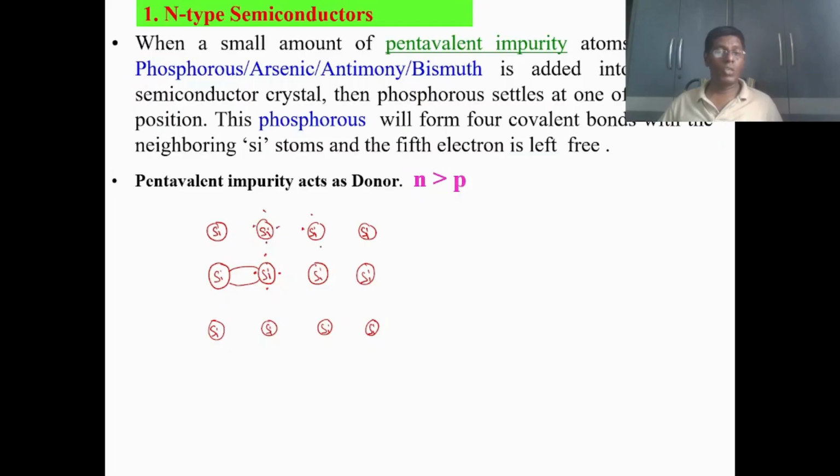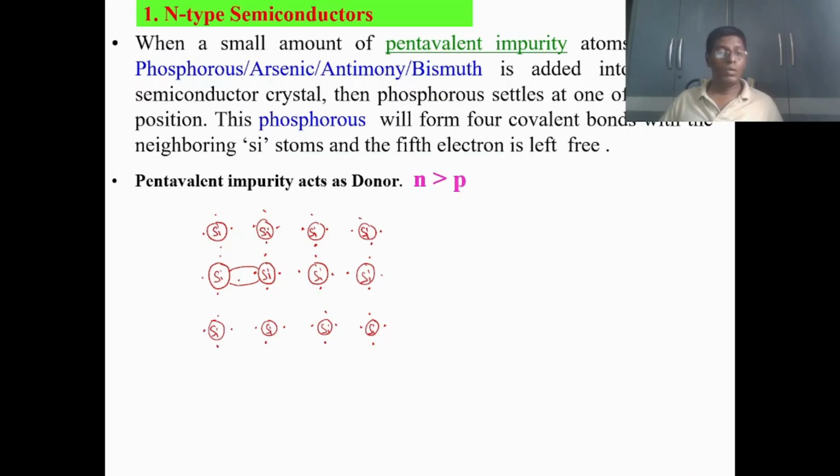Each silicon has 4 valence electrons. Observe carefully. If you can understand this diagram, then N-type as well as P-type you can easily understand. Therefore, draw the diagram showing how all atoms are distributed inside the silicon crystal.